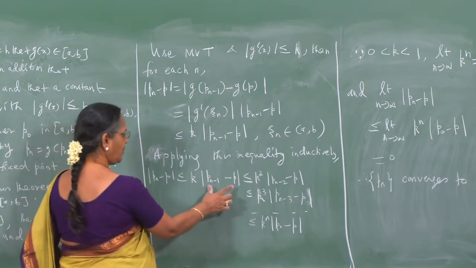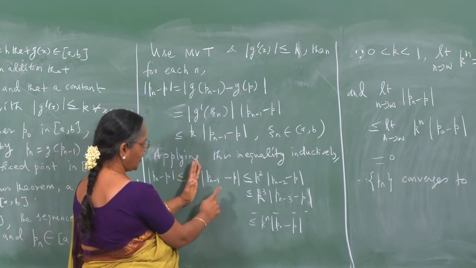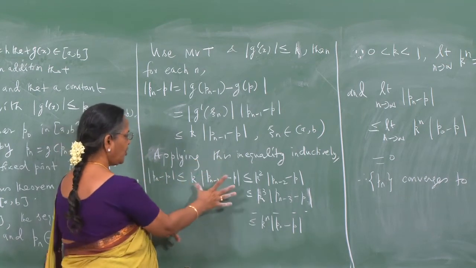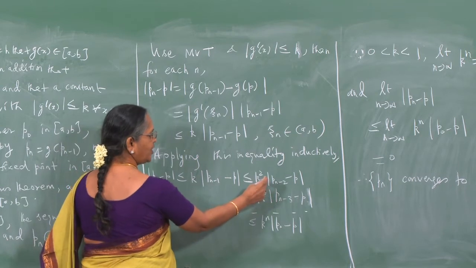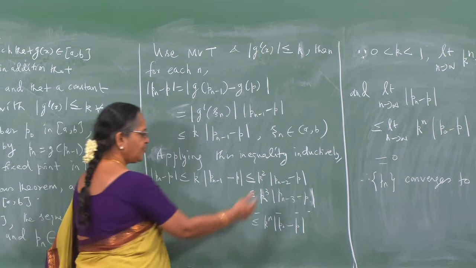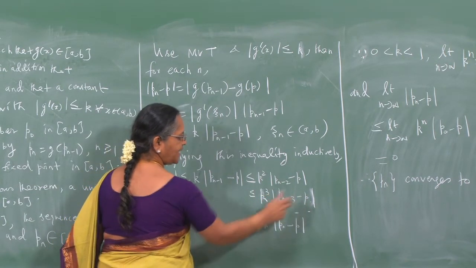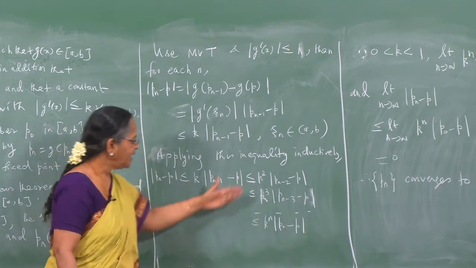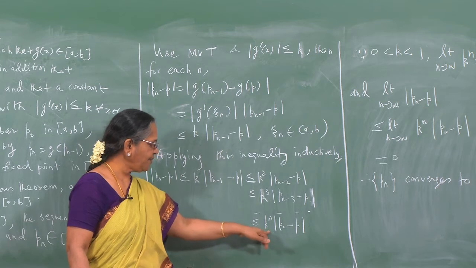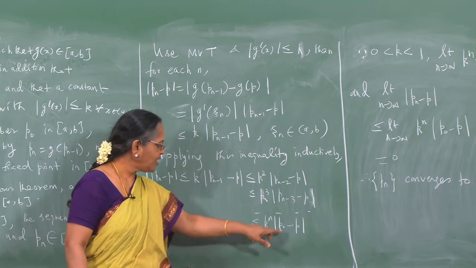So, I apply this result inductively. What do I know about Pn minus 1 minus P? That will be less than or equal to k times mod Pn minus 2 minus P. So, this will be less than or equal to k square into mod Pn minus 2 minus P. Again, that will be less than or equal to k cubed into mod Pn minus 3 minus P, and continuing this, it will be less than or equal to k power n into mod P naught minus P. And what is P naught?